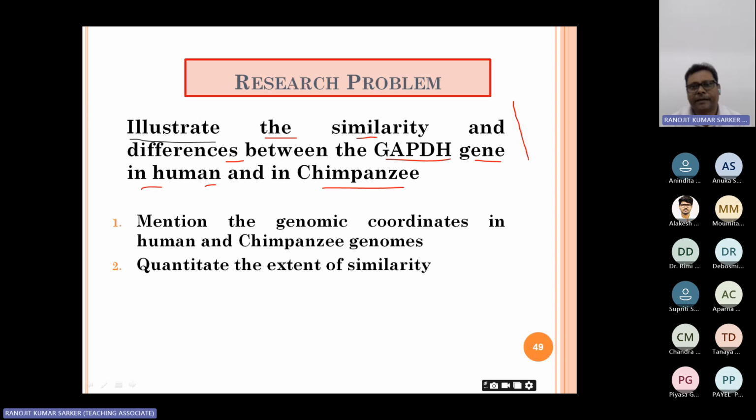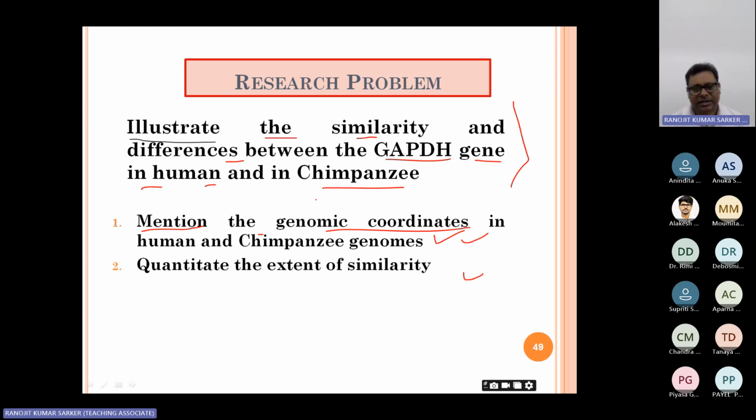I repeat once again, illustrate the similarity and differences between the GAPDH gene in human and chimpanzee. Okay, then what have they asked further? They have asked to mention the genomic coordinates in human and chimpanzee genomes.